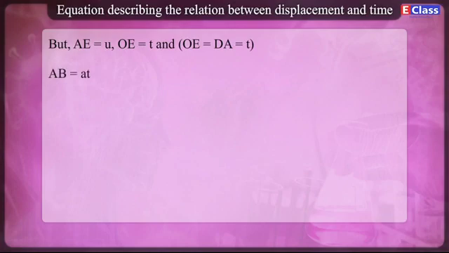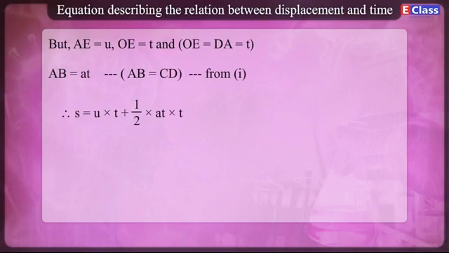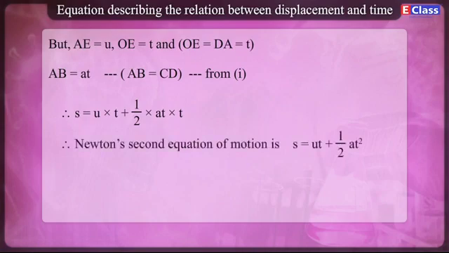AB is equal to at, AB is equal to CD from 1. Therefore, s is equal to u multiplied by t plus 1 upon 2 multiplied by at multiplied by t. Therefore, Newton's second equation of motion is s is equal to ut plus 1 upon 2 at square.